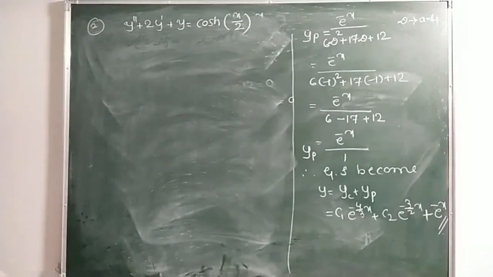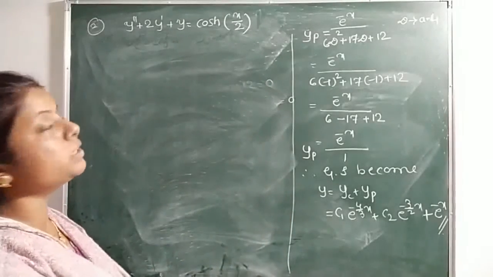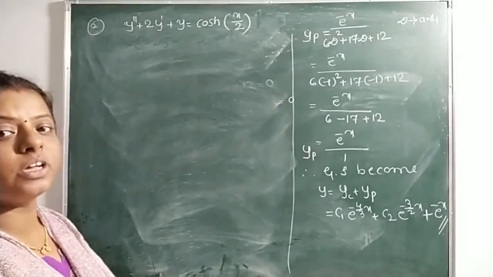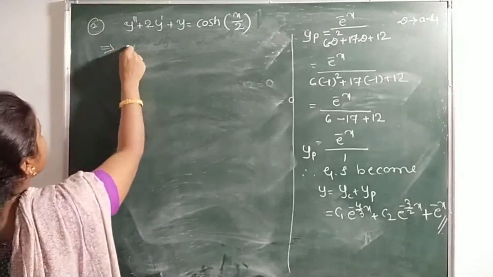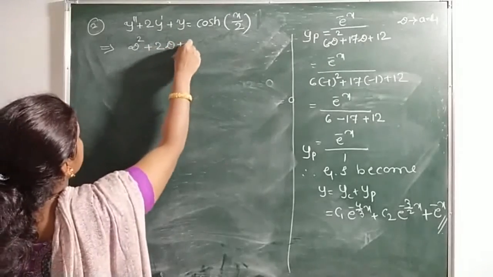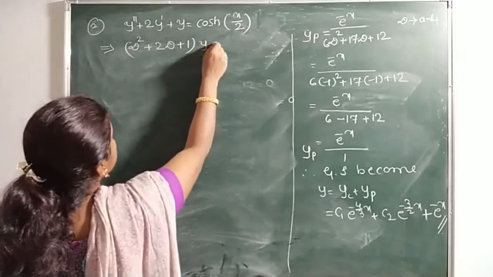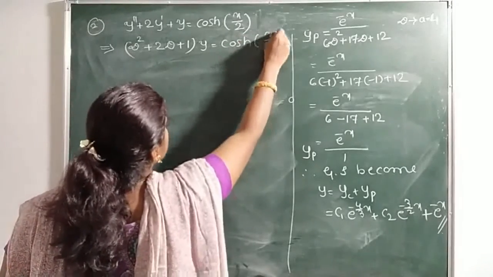Here a hyperbolic term is there. When a hyperbolic term is there, I already told that you have to convert it in terms of exponential. Before that we have to write in the form of f of d: d square plus 2d plus 1 into y is equal to cos h x by 2.